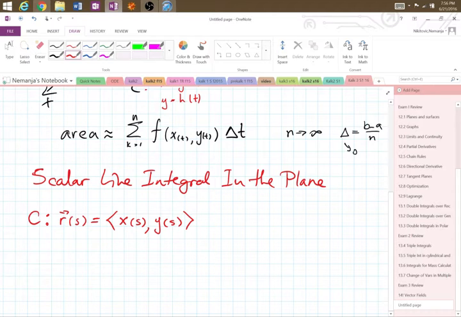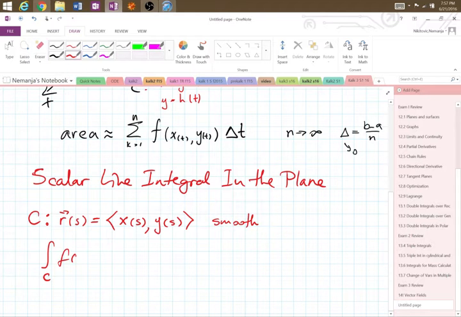And then we're going to get the line integral of f. So it's going to be the integral over the curve C. Oh, by the way, this curve needs to be smooth, which means it does not have any of those kinks like this or like that. It's smooth. It's differentiable everywhere.